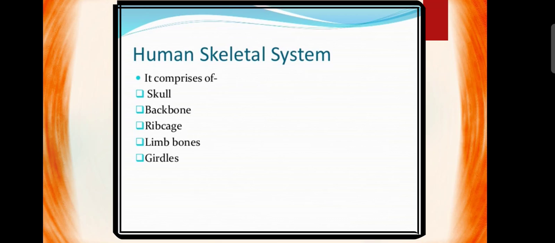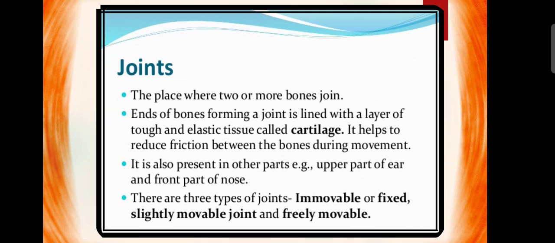So be ready with your textbook, children. First we have seen what joints are. The place where two or more bones join together is called a joint. Ends of bones forming a joint are lined with a layer of tough and elastic tissue called cartilage.